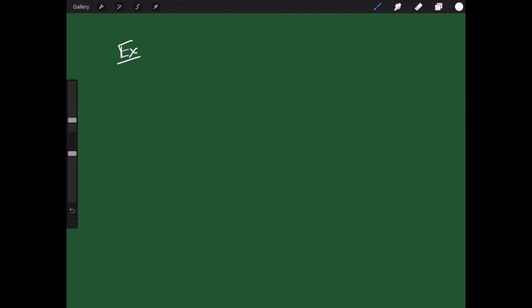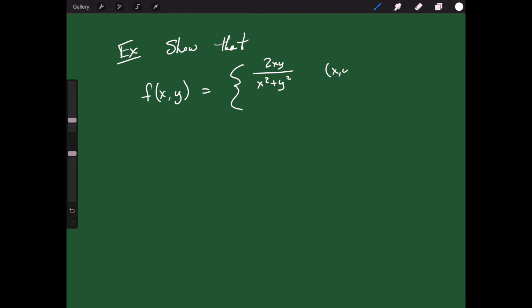So an example, let's show that the function f of x, y is equal to, piecewise defined, 2xy divided by x squared plus y squared if x, y is not equal to 0, 0, and it's going to be 0 if x, y is equal to 0, 0.